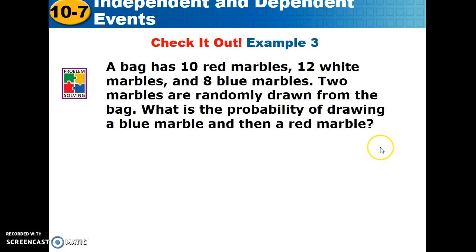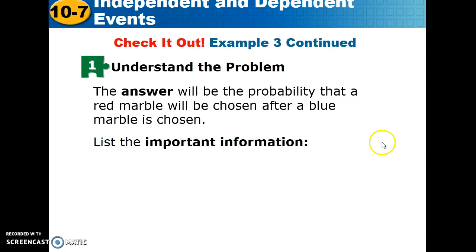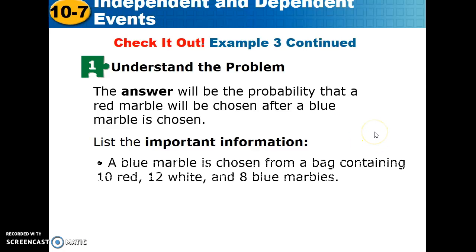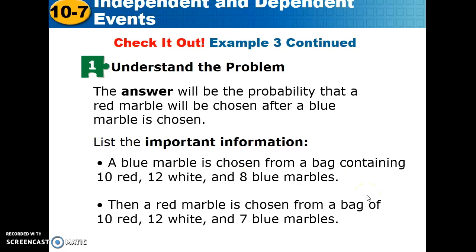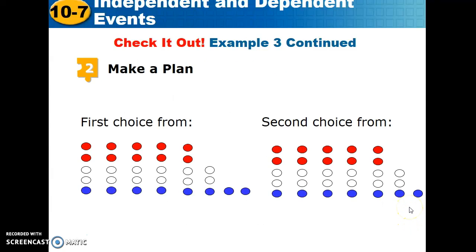Let's try, check it out. Example number 3. A bag of 10 red, 12 white, and 8 blue marbles. 2 marbles are randomly drawn from the bag. What's the probability of drawing a blue and then a red? Well, let's understand what we're looking for. The answer will be a probability that a red will be chosen after a blue. A blue marble is chosen from a bag containing 10 red, 12 white, and 8 blue. And then a red is chosen from a bag of 10 red, 12 white, and 7 blue.